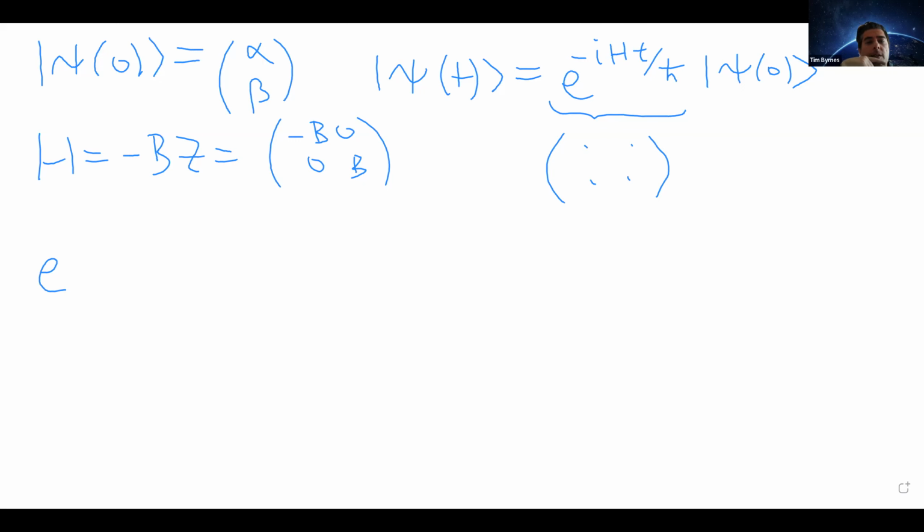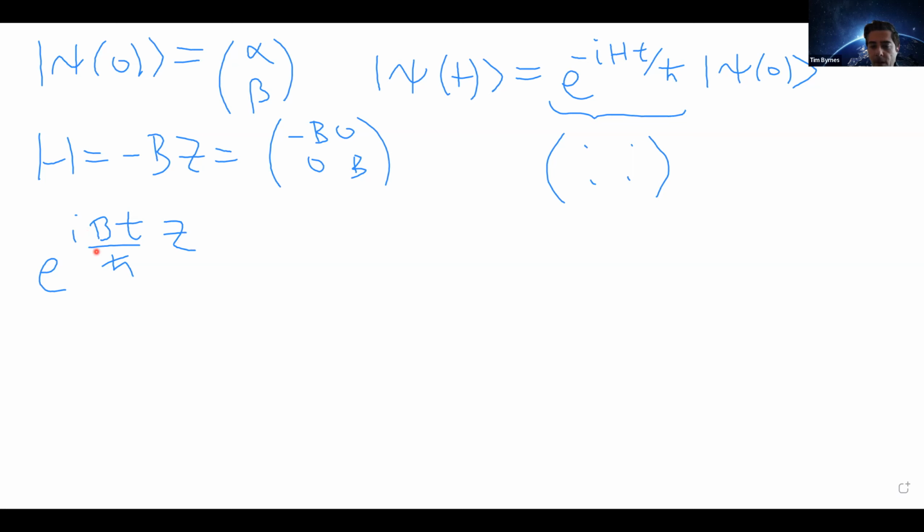Firstly, let's just substitute the Hamiltonian that we have into here. So we've got minus i H t, so we substitute the H in there. The i is still there, but the minus sign cancels. It's going to be B t on h bar times Z. This Z here is a matrix, but this stuff here is a constant.